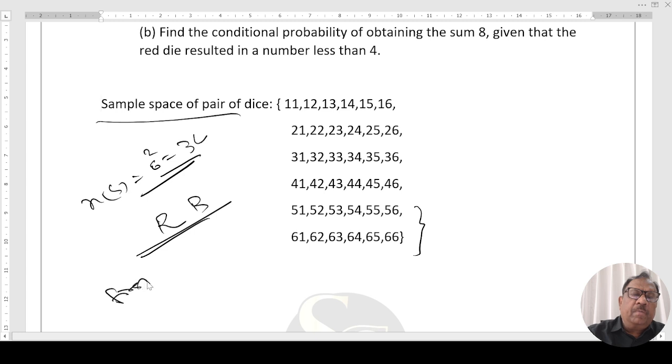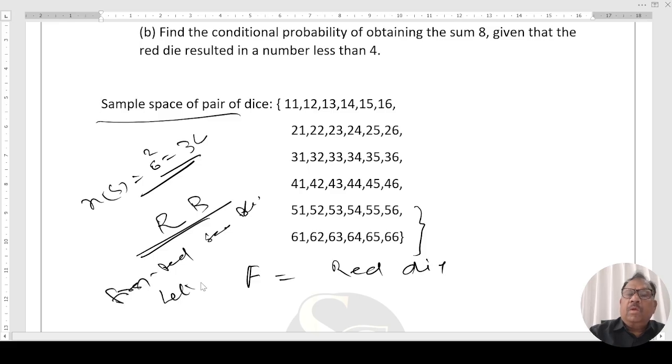First we throw red and second is black. So F event is red die resulted in number less than 4.